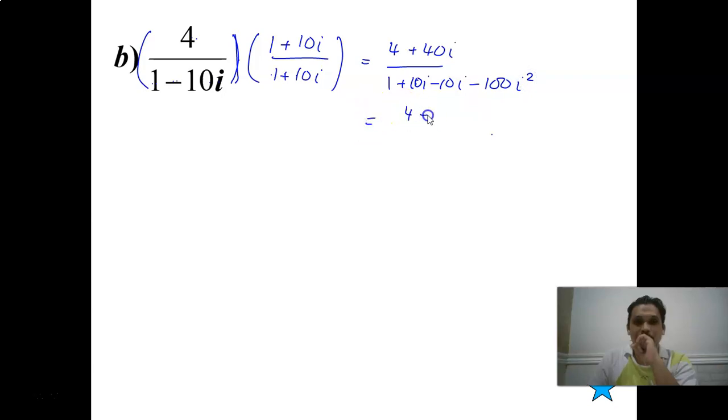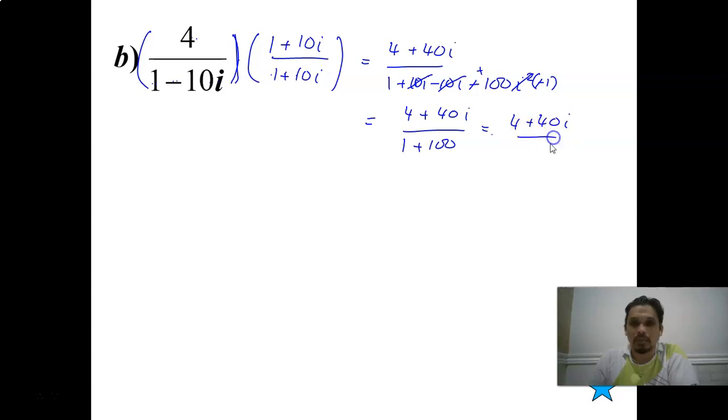Now 10i minus 10i, clear. So what's left here now? 1, and i squared is negative 1. So negative times negative, positive. So 1 plus 100 equal to 101, 4 plus 40i divided by 101.